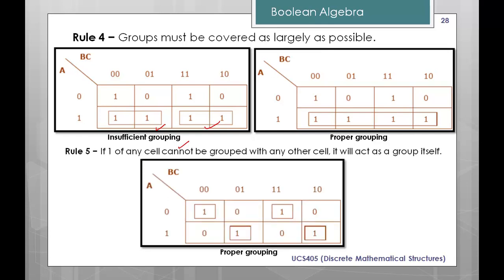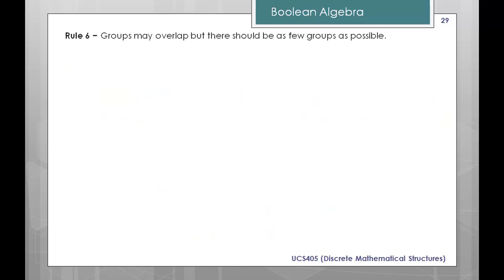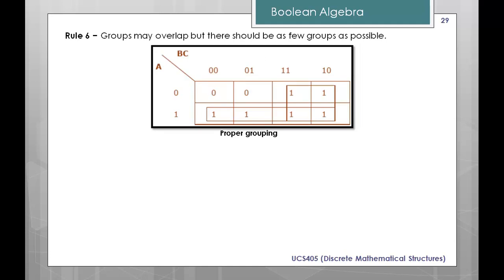Next rule, if a cell cannot be grouped with any other cell, then it will act as a group itself. You can see it here. Next rule, groups may overlap but there should be as few groups as possible. This is one group and this is the second group.